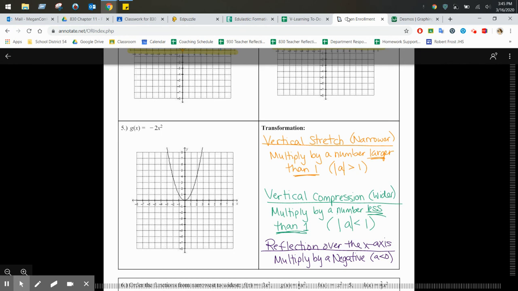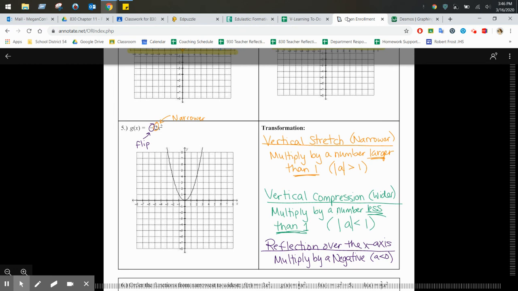So if I look at number 5 now, what happens when I multiply by a negative 2? So the 2 is a number greater than 1. So that's going to make it a vertical stretch, or get it narrower, right? And the negative is what's going to flip it over the x-axis, or do a reflection.